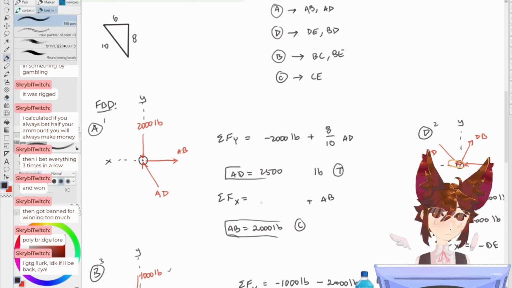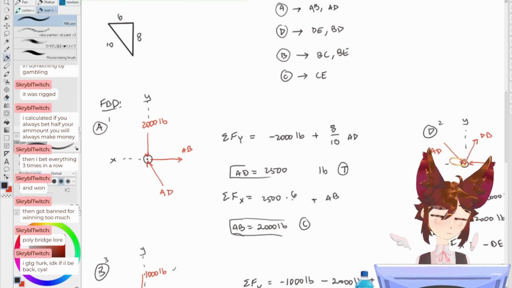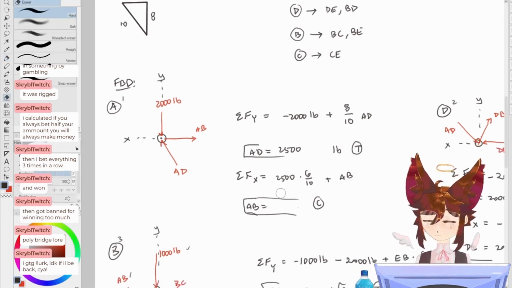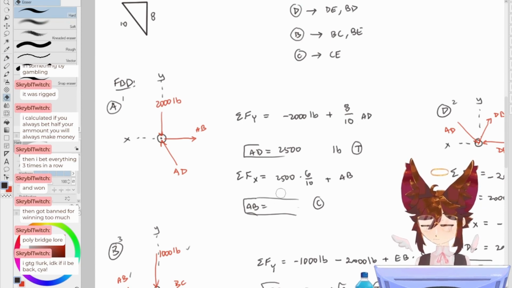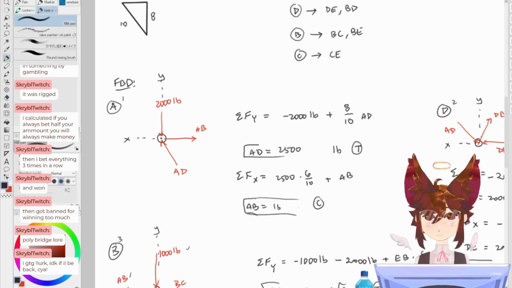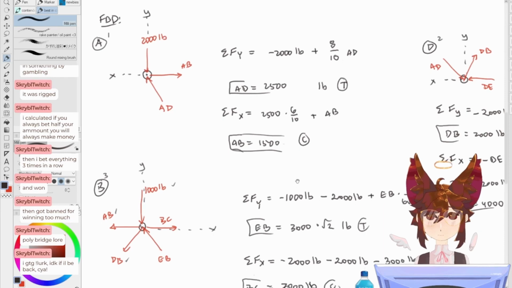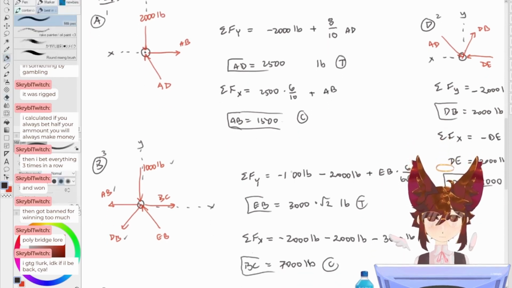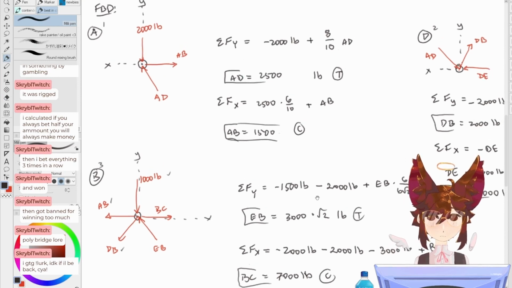This is 2500 times 6 over 10. 2,500 times 6 divided by 10. 1,500. Okay, we're still in the game. It becomes a little bit trickier now. 1,500.